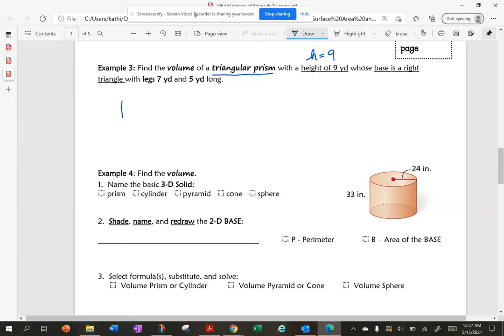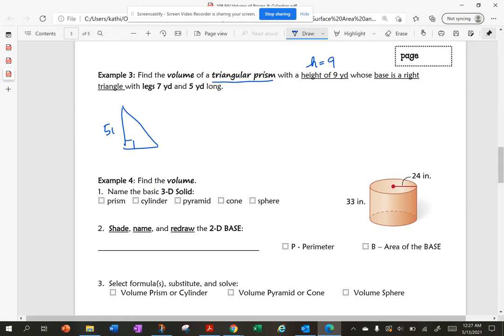So I have a right triangle, and it says the legs are 5 yards and 7 yards. I'm going to draw my second base over here, and connect each vertex. So I have my prism. The triangle is the base.